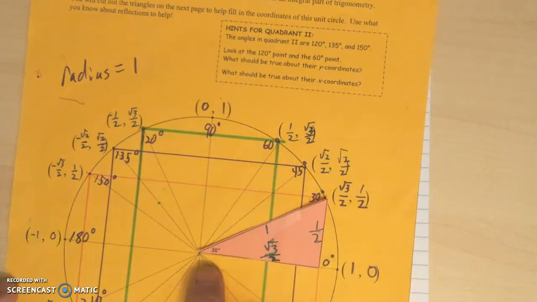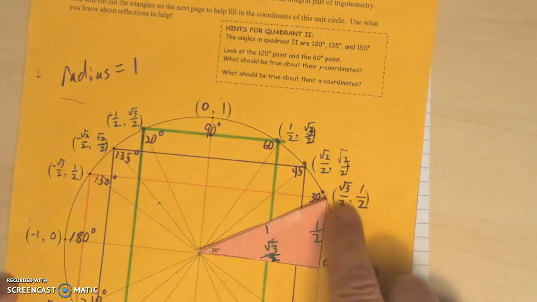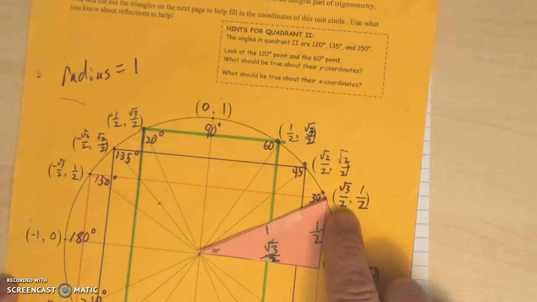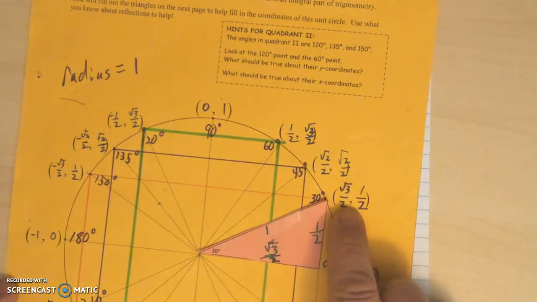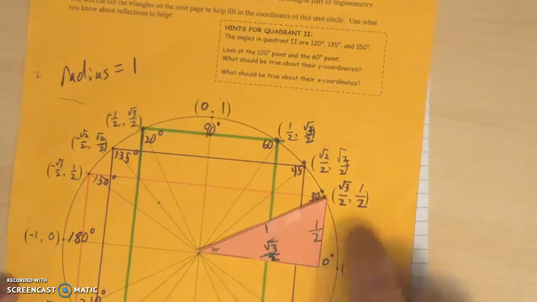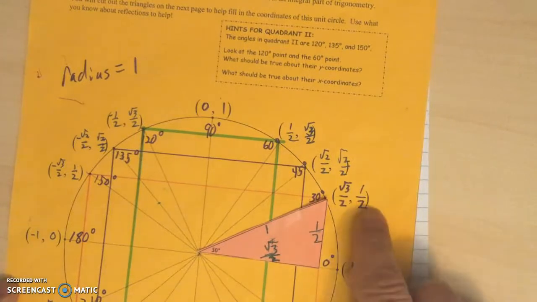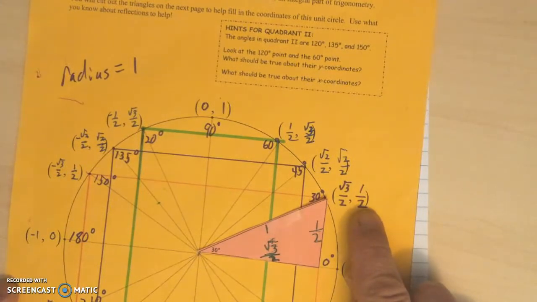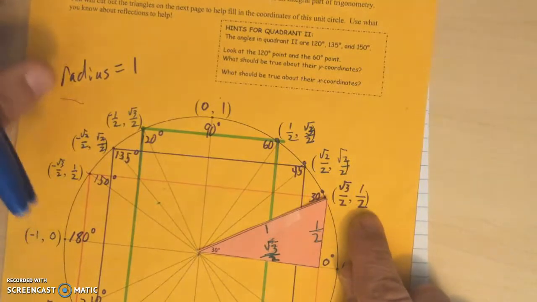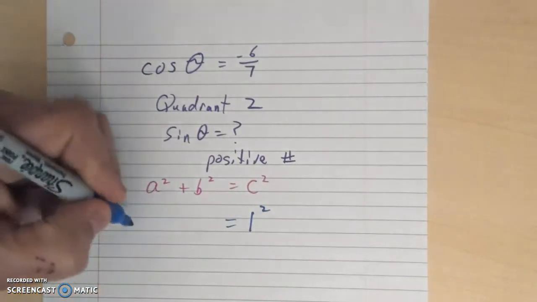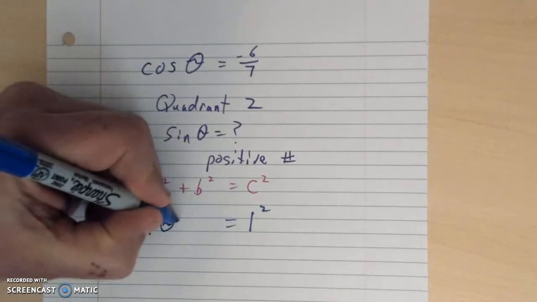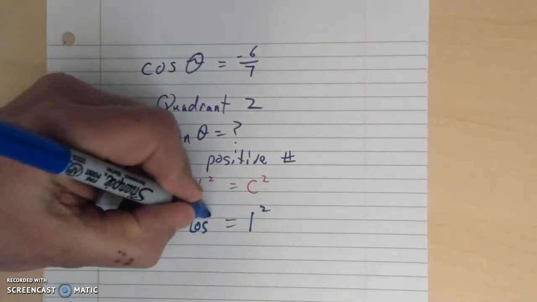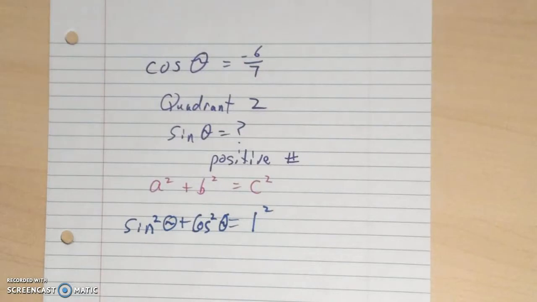So we remember that this leg, the x-coordinate, was already defined as the cosine. So instead of saying a squared, we can say cosine squared. And then the height, instead of calling that b squared, we know that's going to be the y-coordinate here on the unit circle, and that y-coordinate was previously defined as the sine. So we can say sine squared theta plus cosine squared theta equals 1.